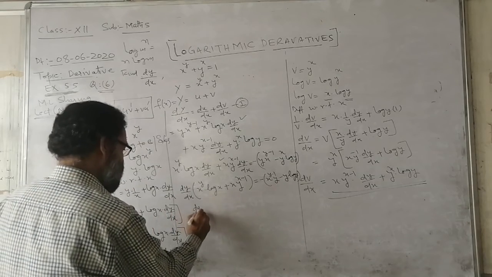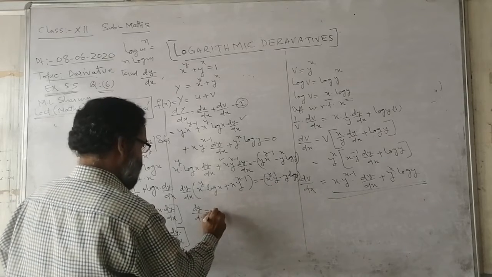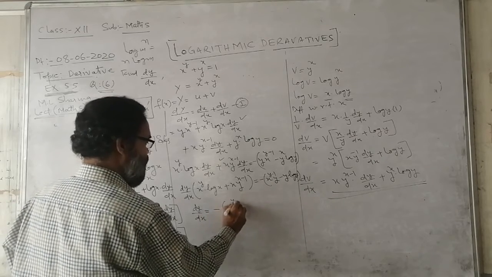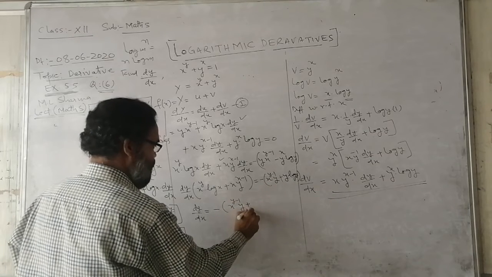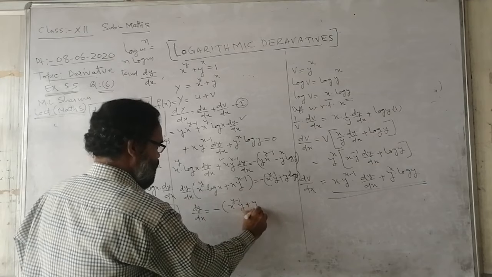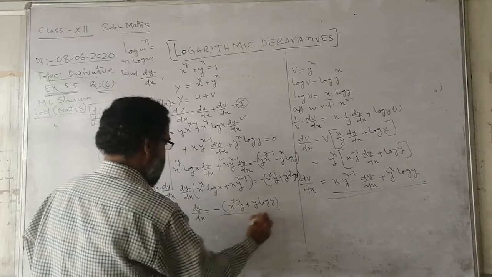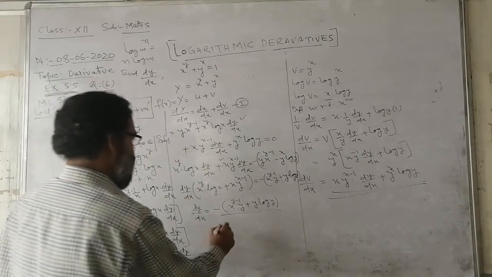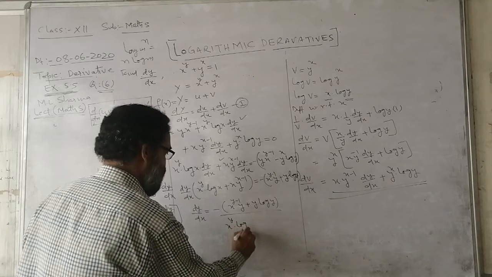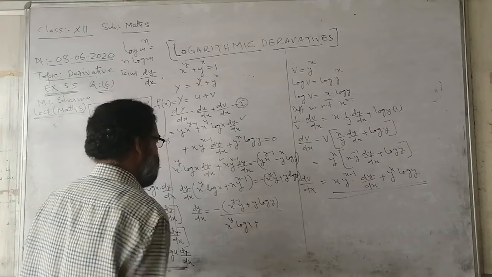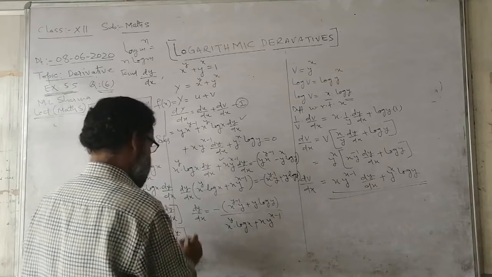So dy upon dx will equal to this term with minus sign here plus upon this term x power y log x plus x y x minus 1.